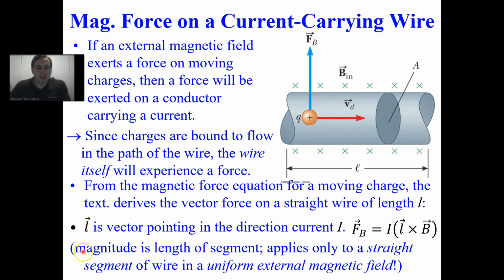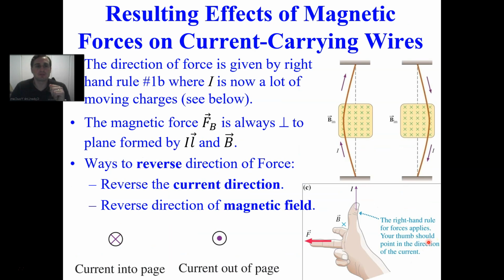L is the magnitude of the length segment. And by the way, this equation for now only applies to a straight segment of wire in a uniform external magnetic field. Very soon we will relax that constraint and allow this segment of wire to not necessarily be straight, and perhaps even the magnetic field to be slightly different.